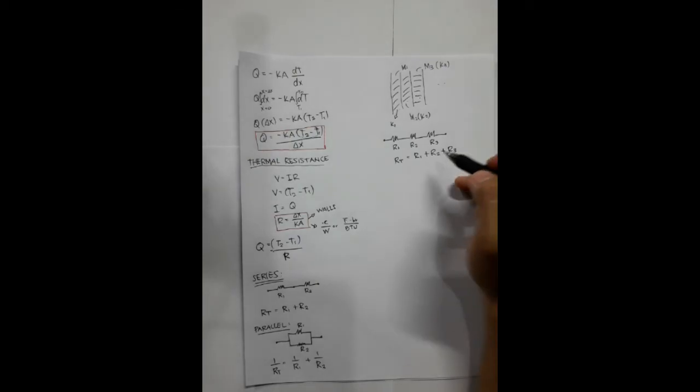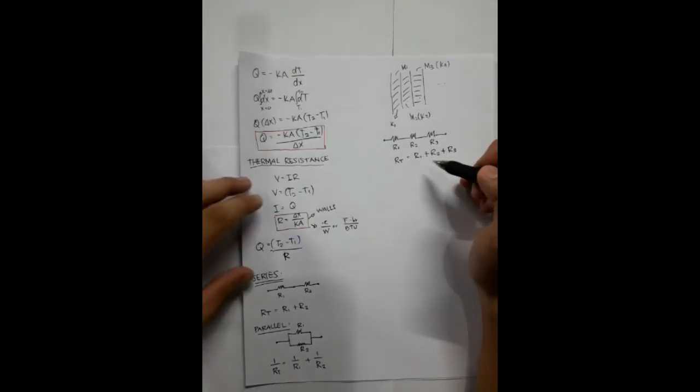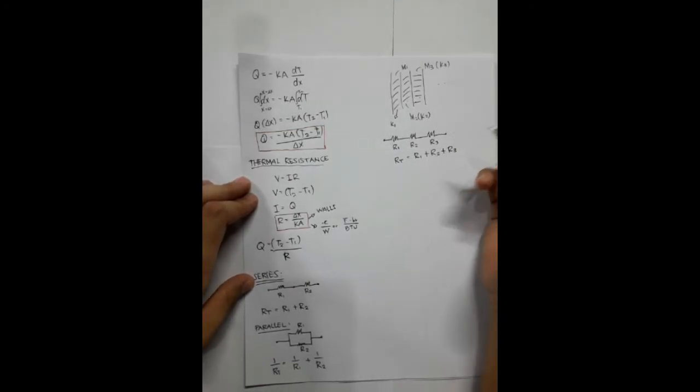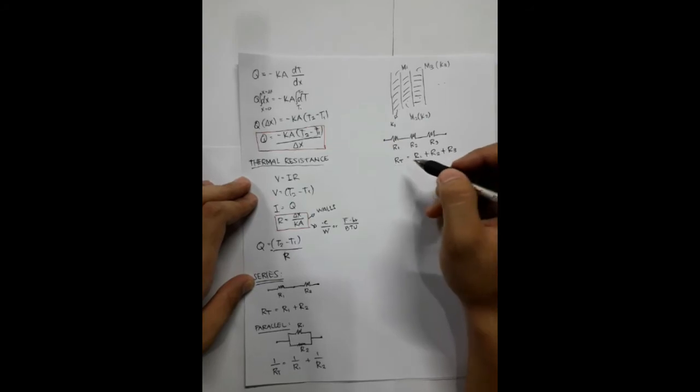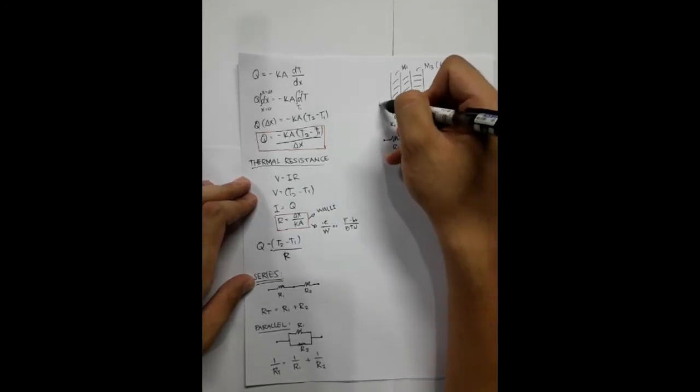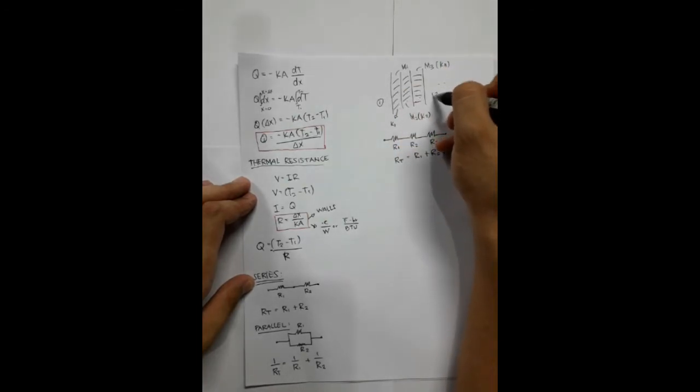And then, after natin ma-solve yung total thermal resistance, say for example, tinatanong na ng problem na what is the total heat transfer between this point 1 going to point 2.